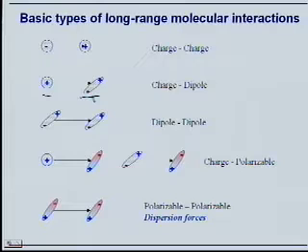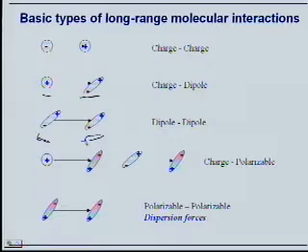In matter, you usually have many more dipolar molecules than charged molecules. So you have to understand how the dipolar molecules interact with each other. You may have a molecule which does not have even a dipole. It's absolutely electroneutral.